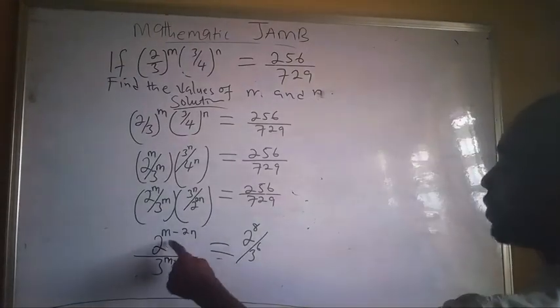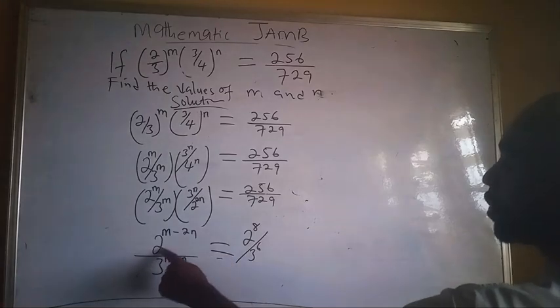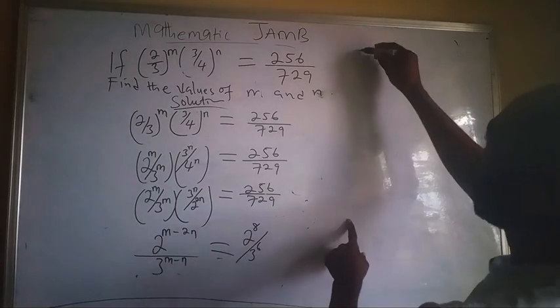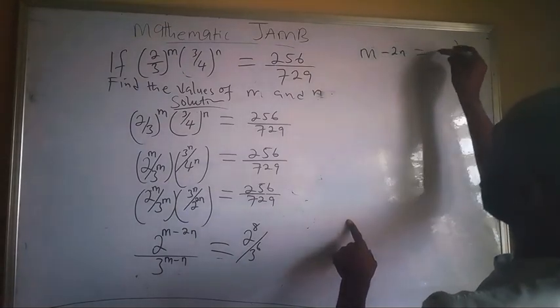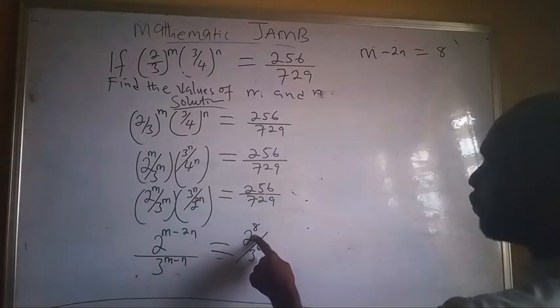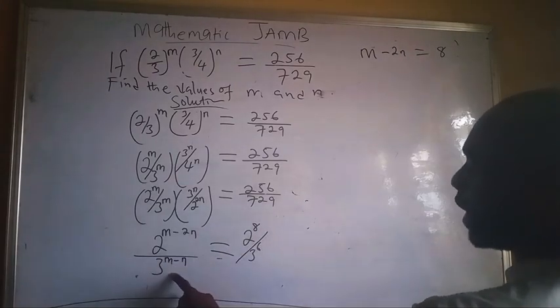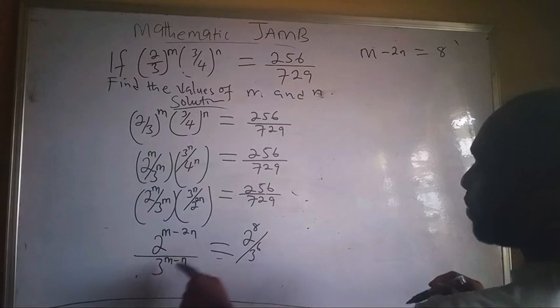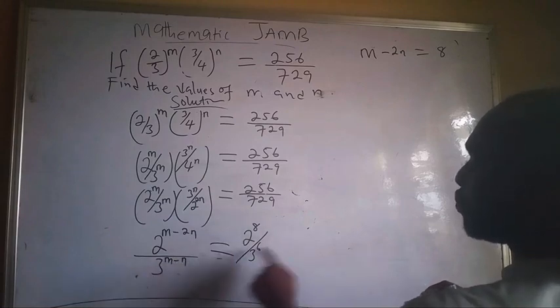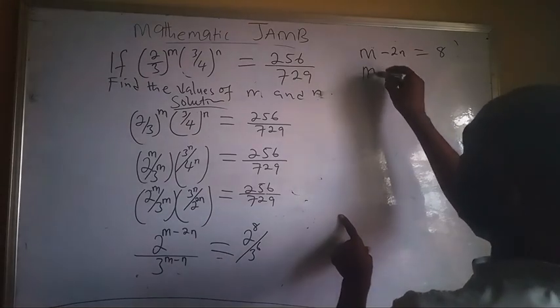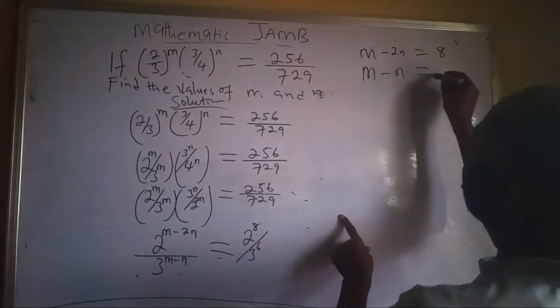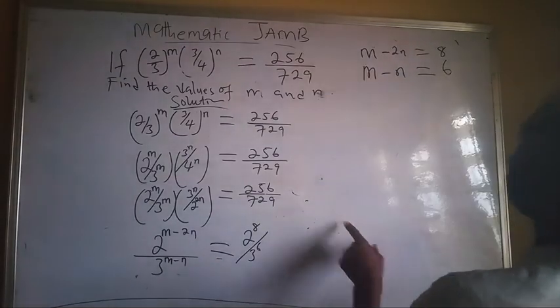When we equate the powers, the power of 2 here will be m minus 2n is equal to 8, and for the denominator, we equate the powers since the bases are the same. So that will give us m minus n is equal to 6.